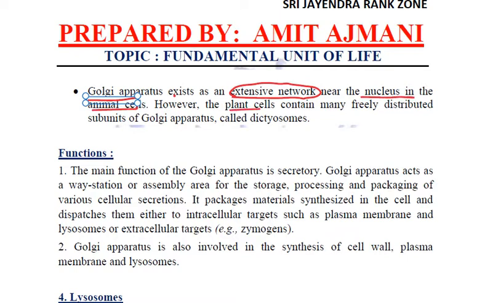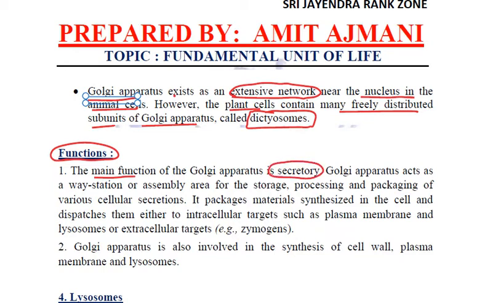In plant cells, it may be freely distributed subunits of Golgi apparatus which are present, and they are called dictyosomes. So what are dictyosomes? These are the freely distributed subunits of Golgi apparatus in plant cells. Clear? Very importantly, what are the various functions of Golgi apparatus? The main function is secretory function.